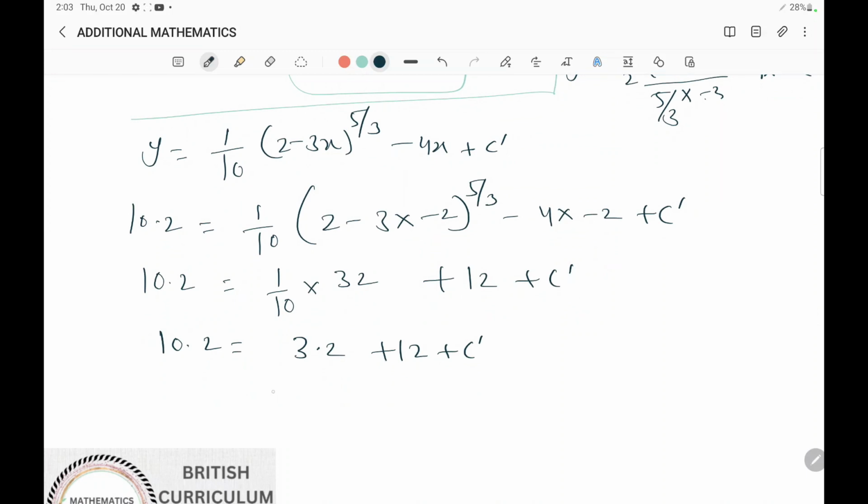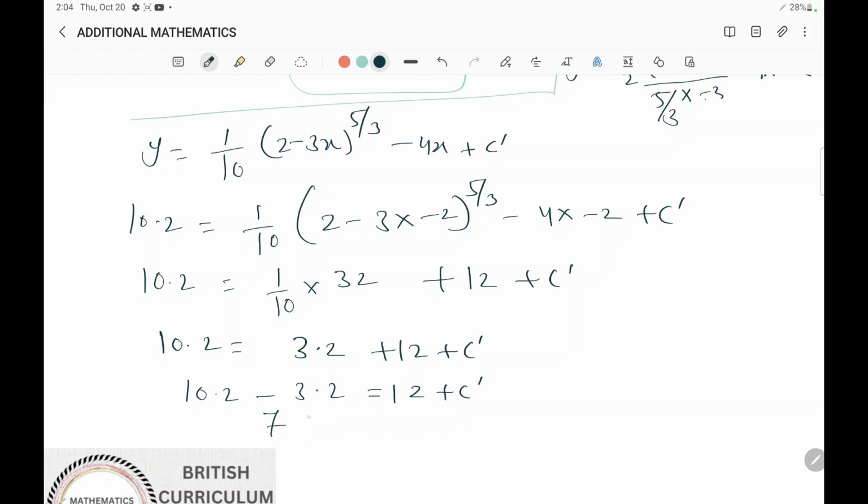Then how much will we get? 10.2 minus 3.2 equals 12 plus c dash, right? What is 10.2 minus 3.2? Any idea? Yes, that is 7, right?